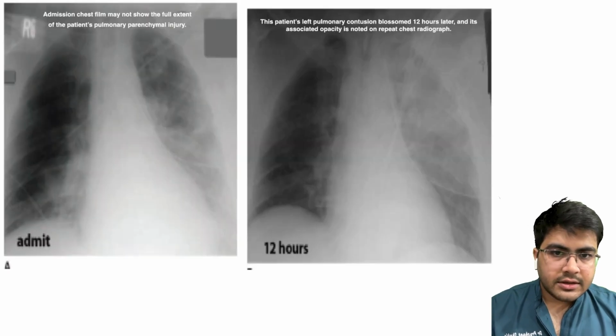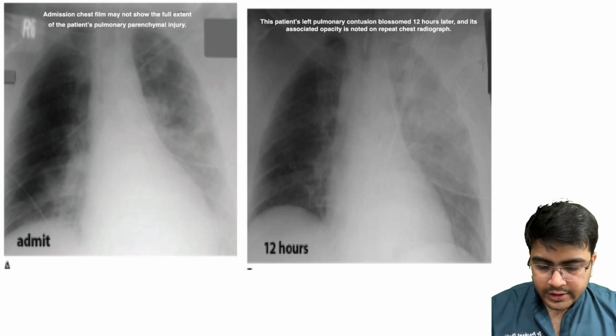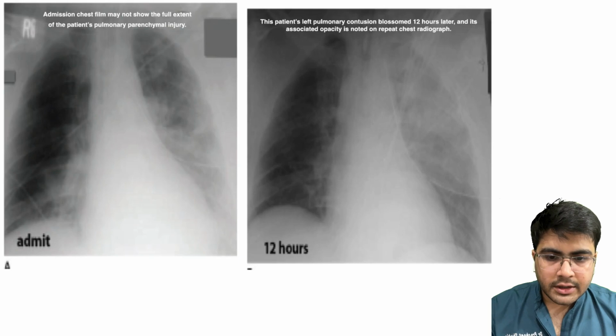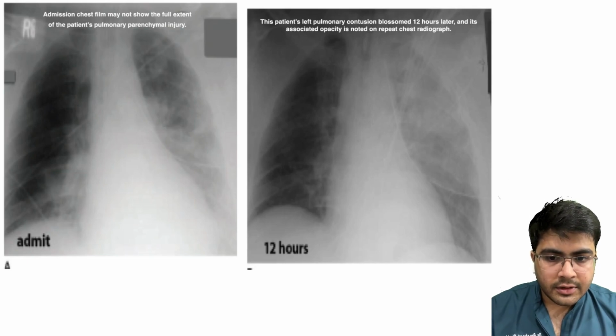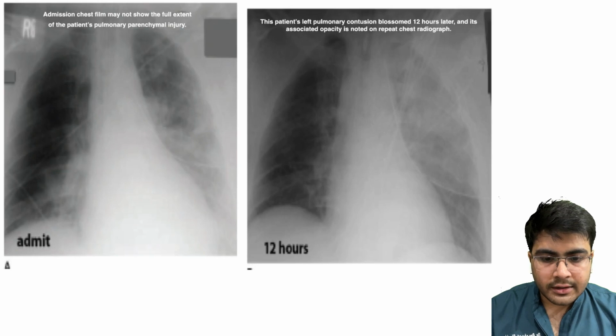The next entity is pulmonary contusion. Here you can see how the pulmonary contusion progresses from the initial X-ray at the time of admission to after 12 hours. What I want to stress is that in a pulmonary contusion patient, the chest X-ray is not a great modality, because in the early phases it won't be able to detect it.